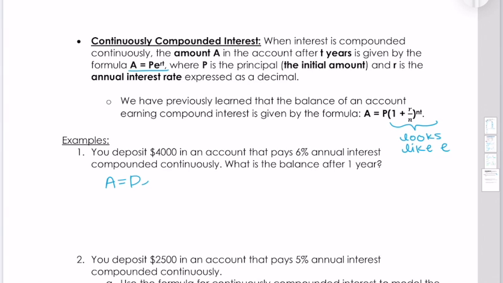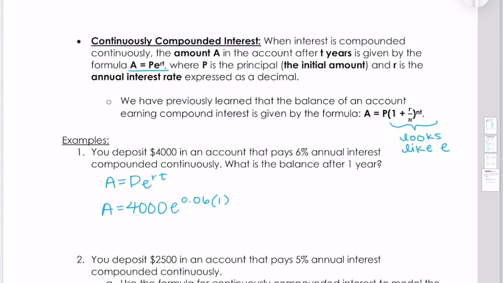So for the first one, you just deposit $4,000, so that's your principal or your initial amount, and it pays 6% annual interest. Remember to change that to a decimal, so 0.06. And then we want to know the balance after 1 year, so plug in 1 for t.